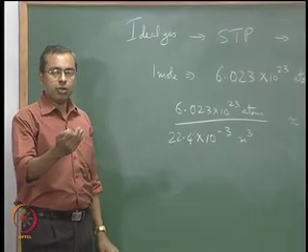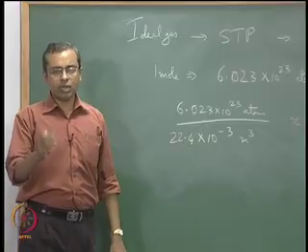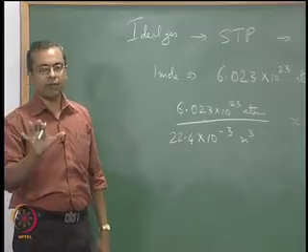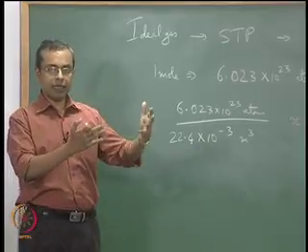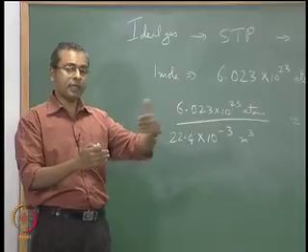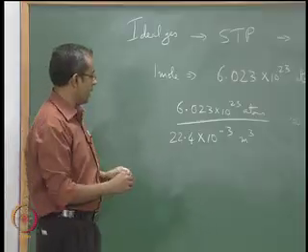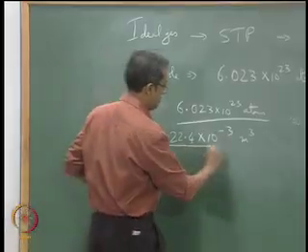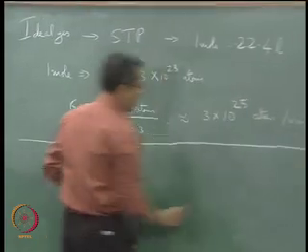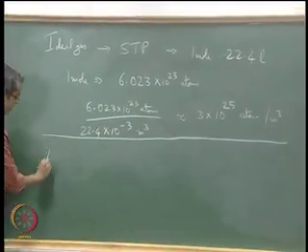Now we will look at the other possibility. Let us take a solid, in fact a metal, for which we are trying to extrapolate this ideal gas behavior to the free electrons present within that system. An example of a solid system that we will take would be silver.